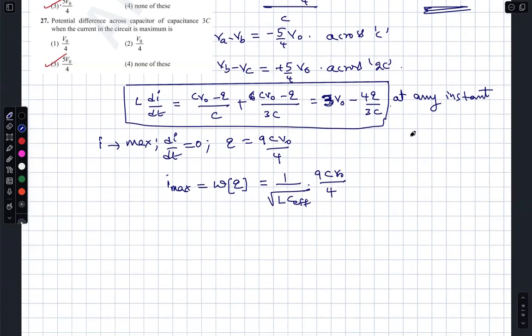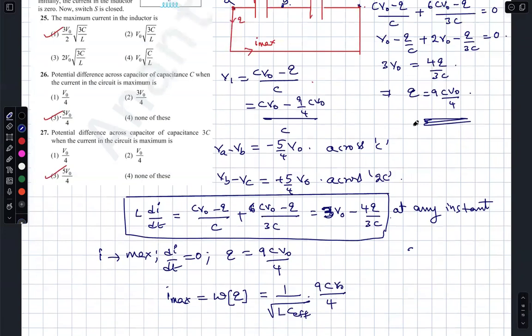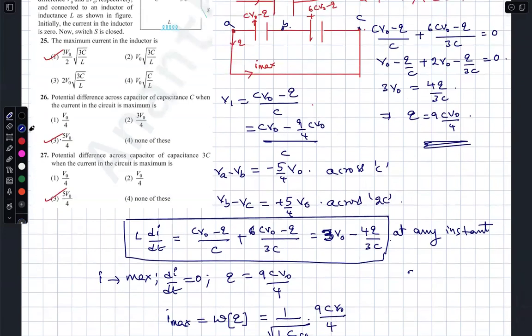Hold on. What is the C effective here? Please help me in writing C effective.